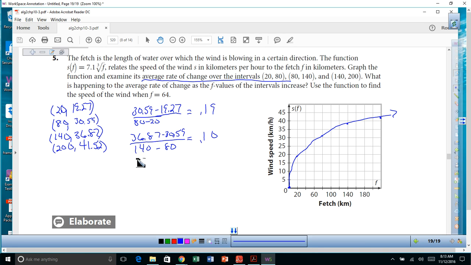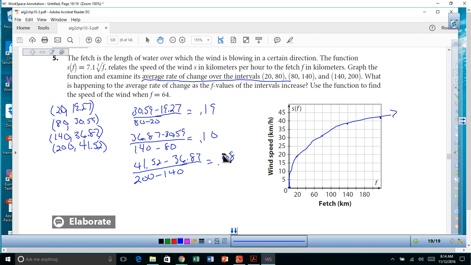And then the last one was 200 minus 140. So that's going to be 41.52 minus 36.87. And that's going to give you 0.08 as the average.